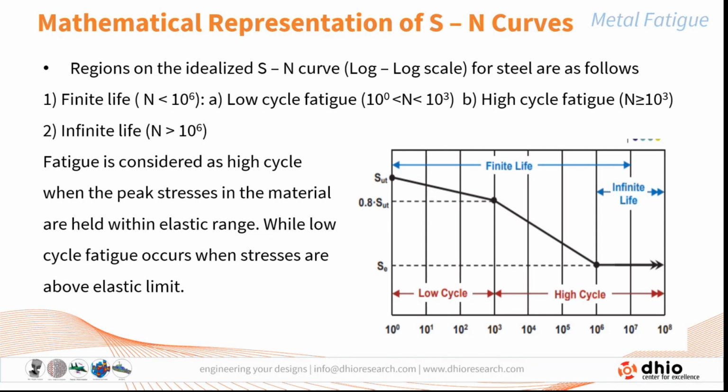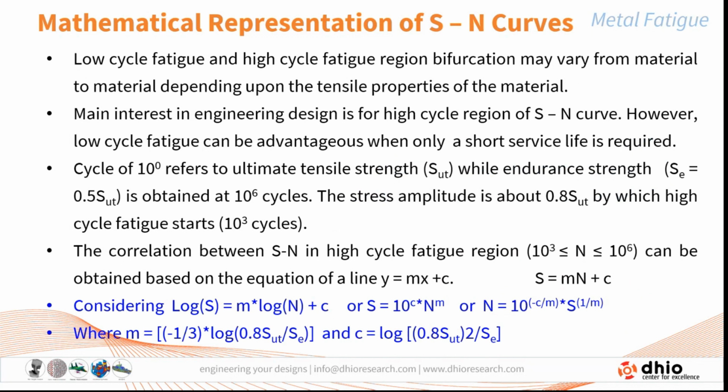So again, here the low cycle fatigue will be treated in a different manner, and the high cycle fatigue will be treated in a different manner, which we'll be discussing at a later stage. Now, the mathematical representation of the SN curve, as we have classified into a low cycle and high cycle fatigue region, varies from material to material, depending upon the tensile properties of the material.